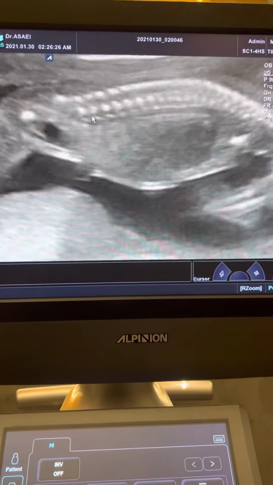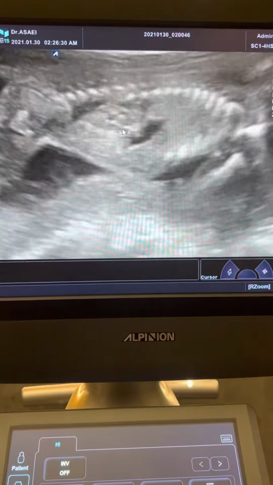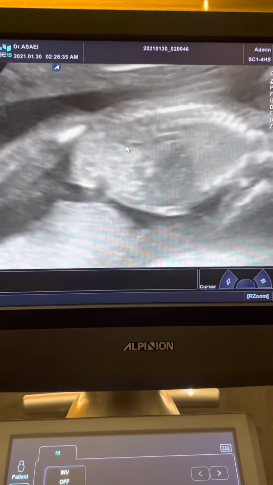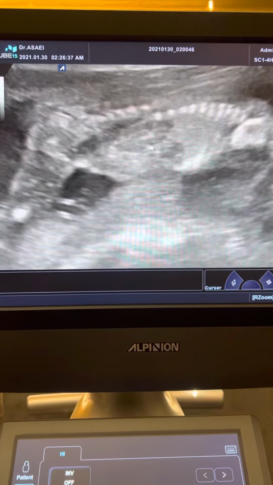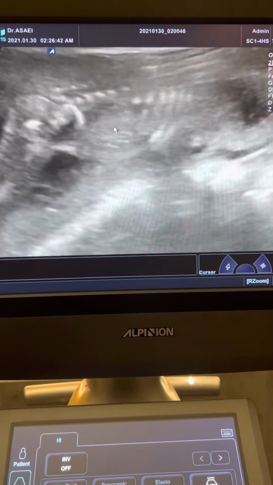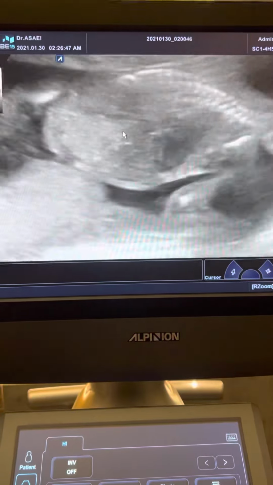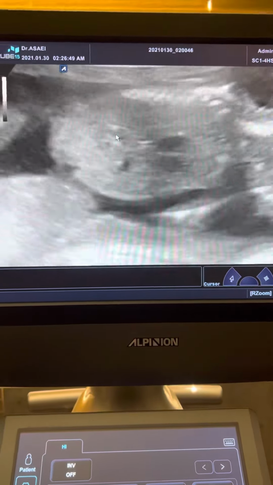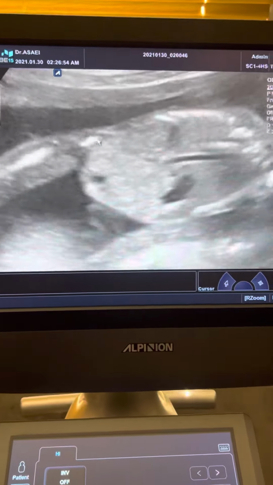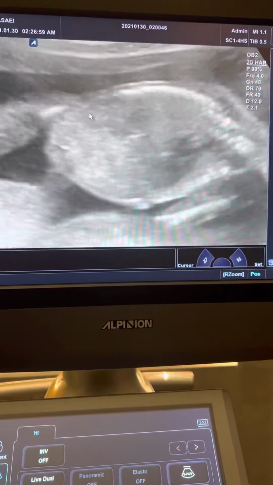We can see again the spine, urinary bladder, stomach, the line of diaphragm, the position of stomach, one kidney here, it's clearly seen. It's the left kidney adjacent to the stomach. And here is the right kidney.